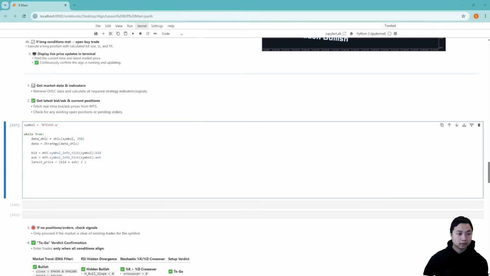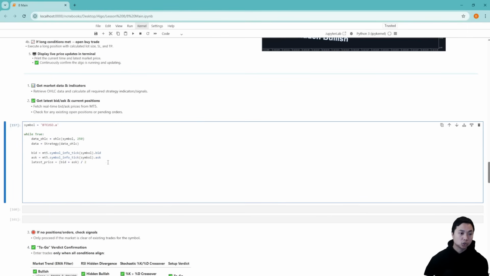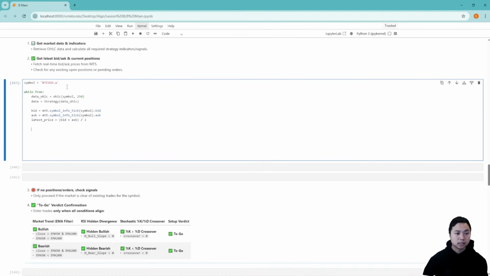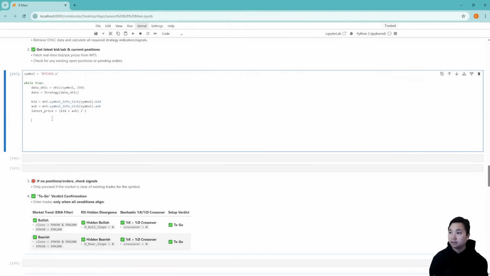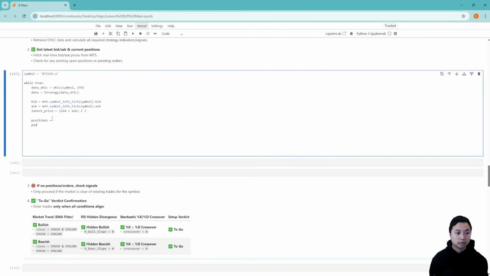After capturing the real-time latest price, we would like to check for any existing open positions or pending orders. So I'm going to use functions from MT5.